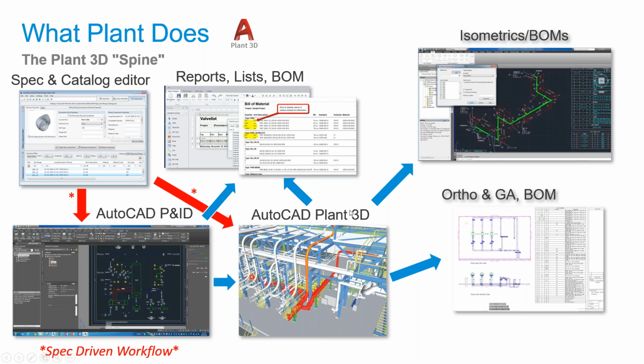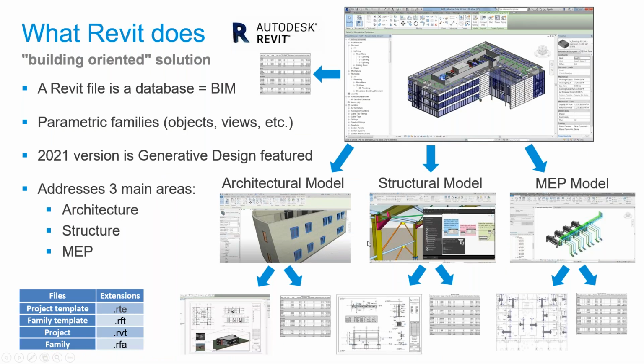And if we look at Revit, it's a bit different. Revit is a building-oriented solution as opposed to Plant. Revit initially was created for vertical models like hospitals and buildings, and then the features became more and more complex with the demands of projects nowadays.